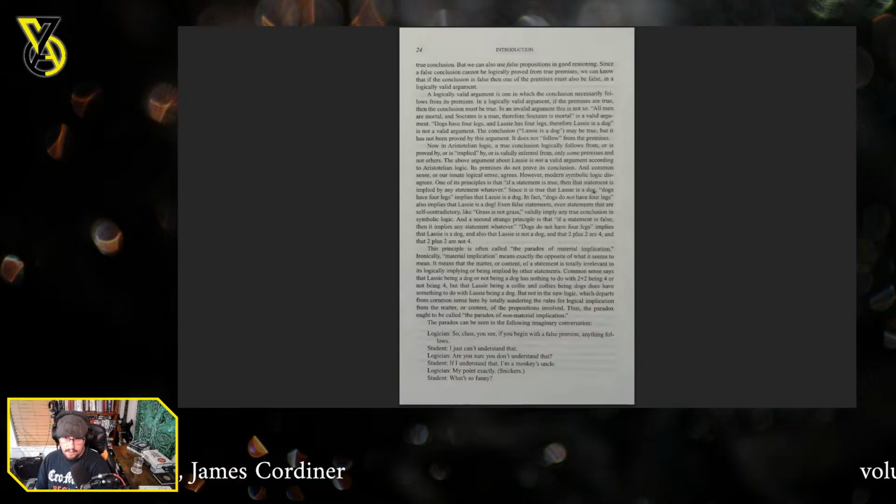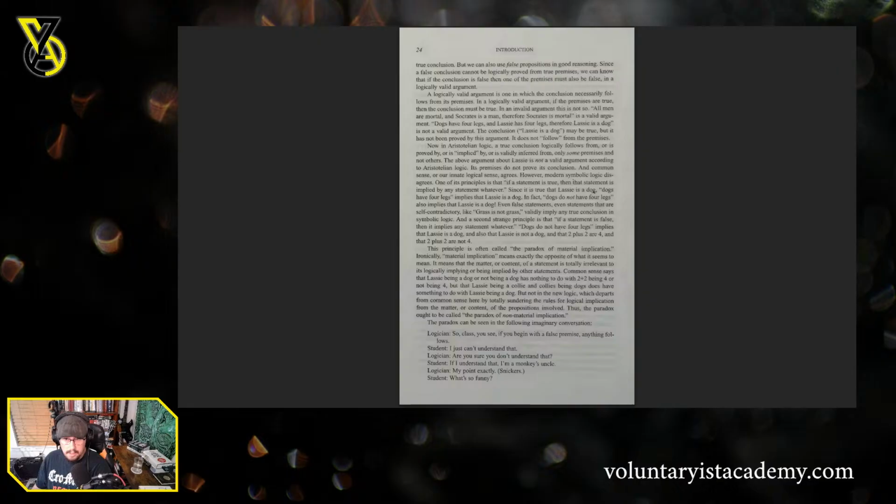In fact, dogs do not have 4 legs, also implies that Lassie is a dog.